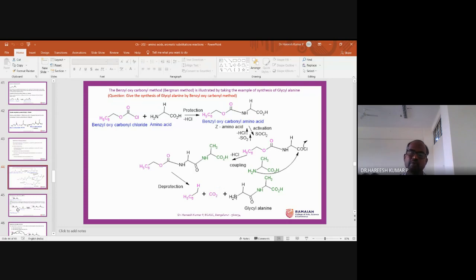The product obtained is glycyl alanine. This is about how a dipeptide is synthesized by employing the benzyl oxycarbonyl group as a protecting group.